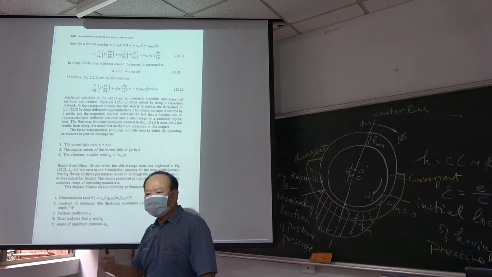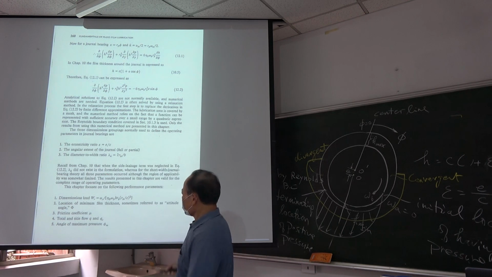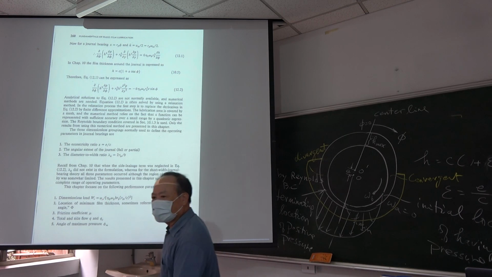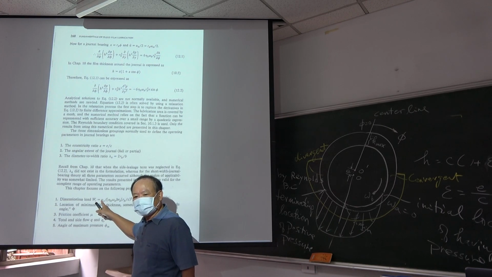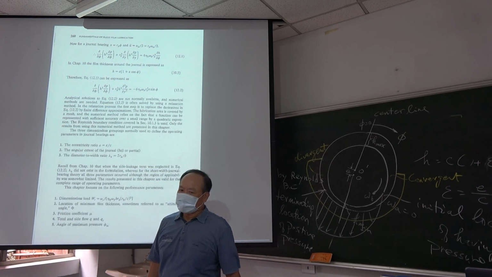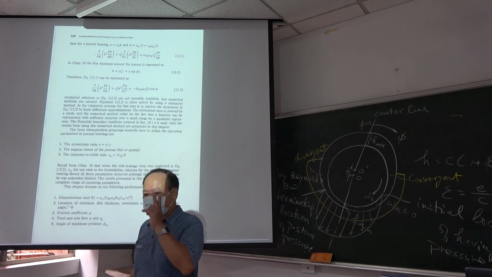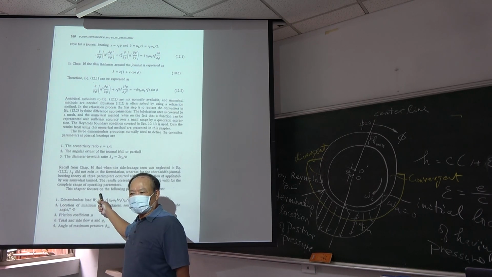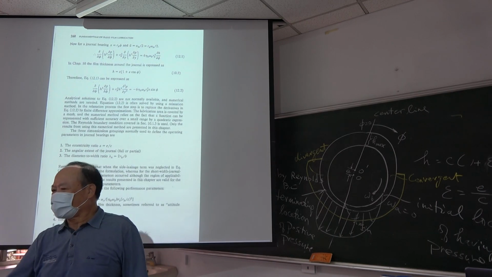Since it is universal, we hope that we can define some parameters here. Here we call the dimensionless load. This WR is the load. For this load, you have to obtain the magnitude and the direction. There are two things you have to care about: the first is the magnitude, the second is the load direction.